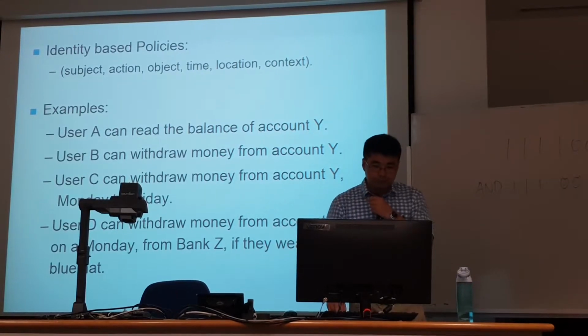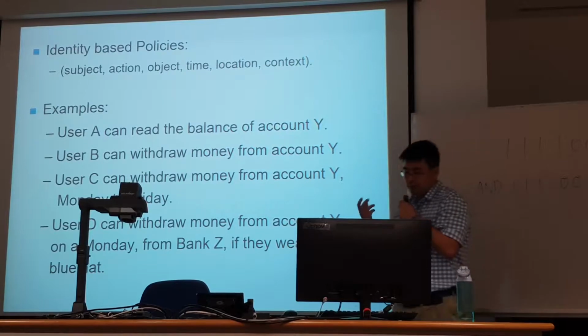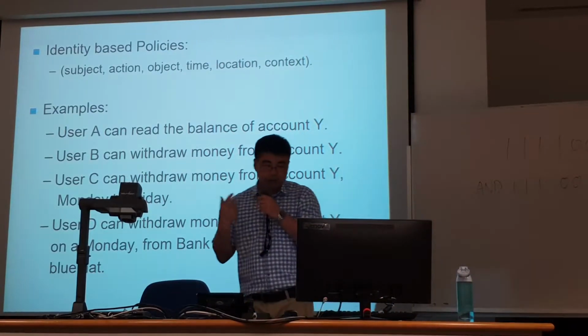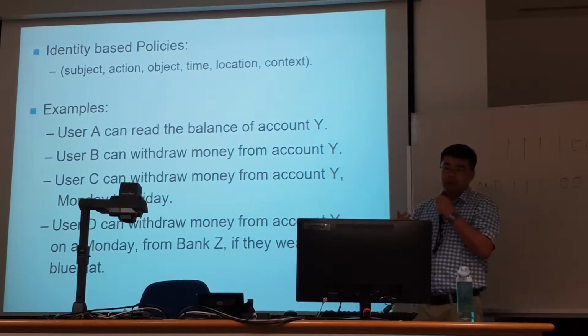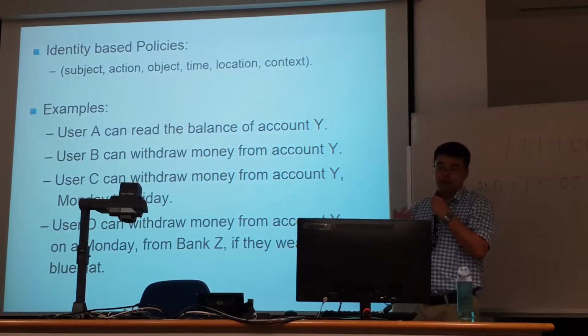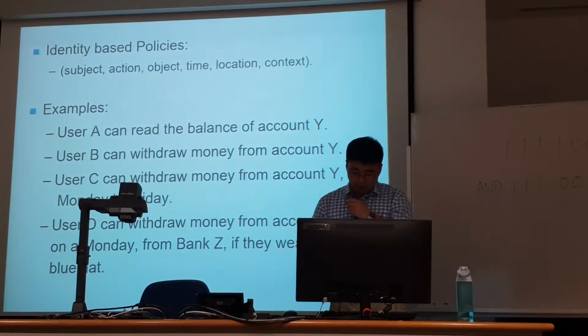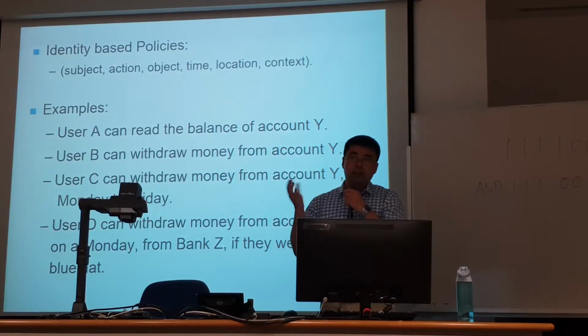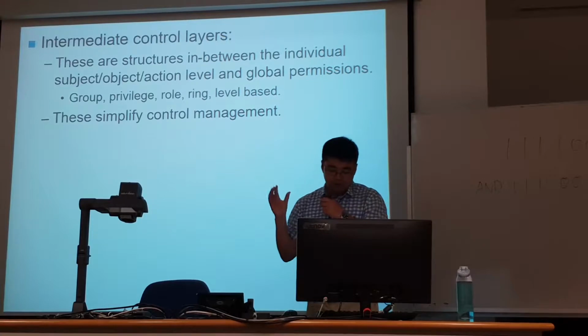As for the discretionary access control, we can determine the policy based on different information, so we can determine who can do what based on the context. You can use the identity of the user, and you can also have some intermediate control layers.